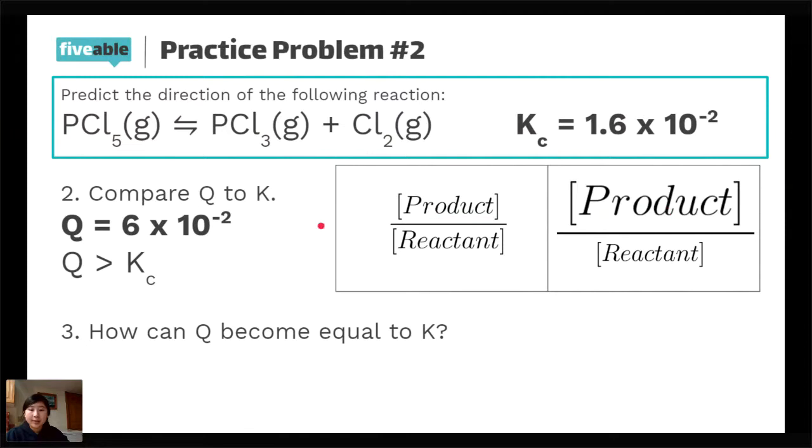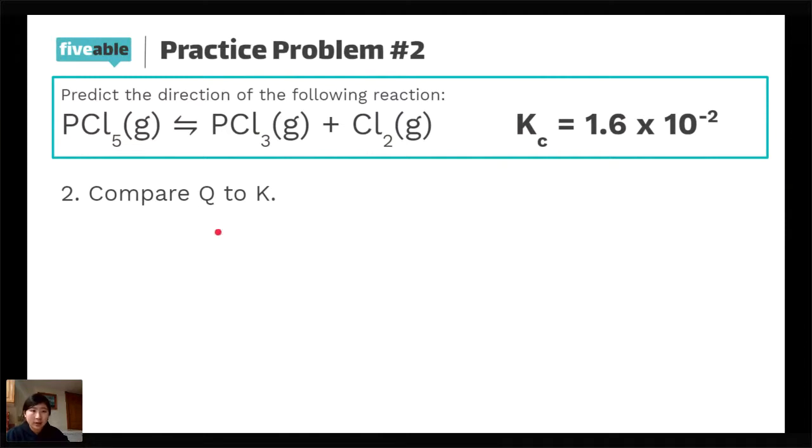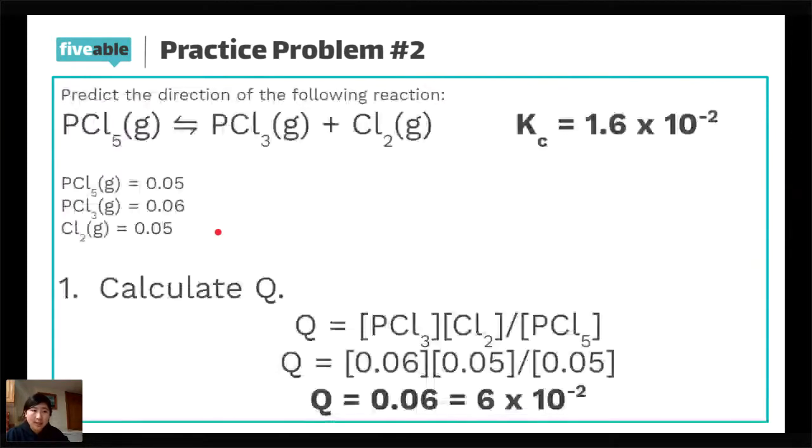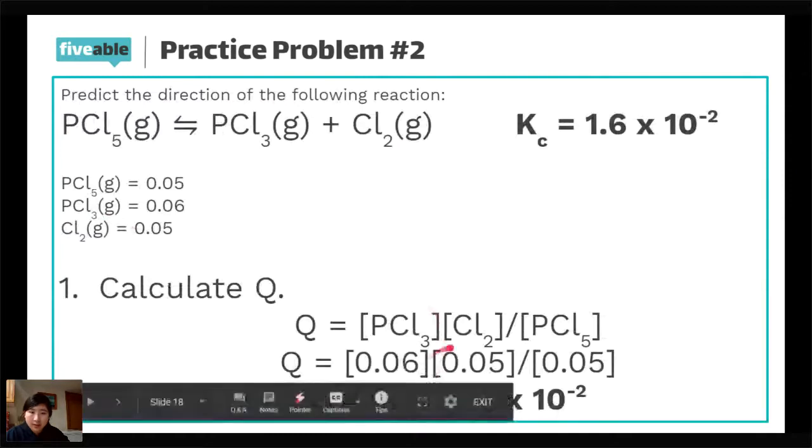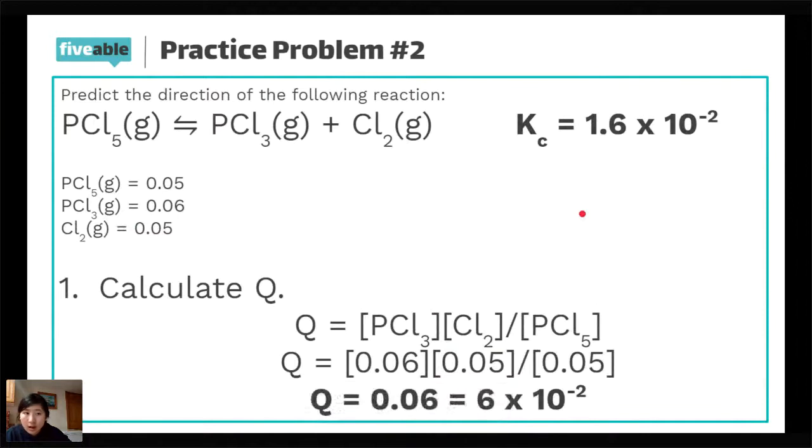If I were to go back to the concentration, you can see that the reactant has a really high concentration. The product has a high concentration.